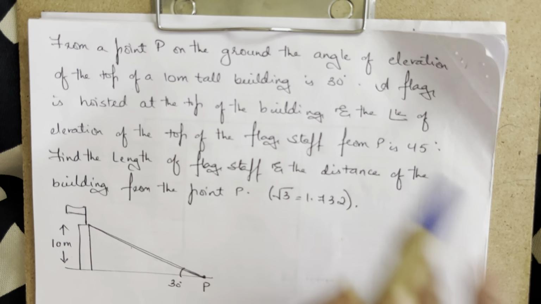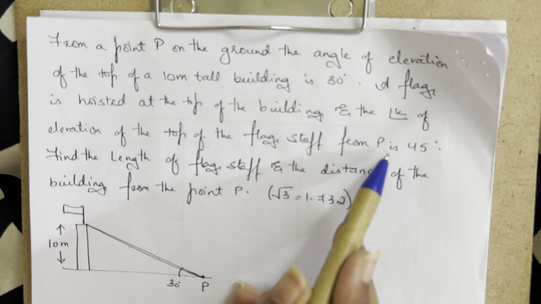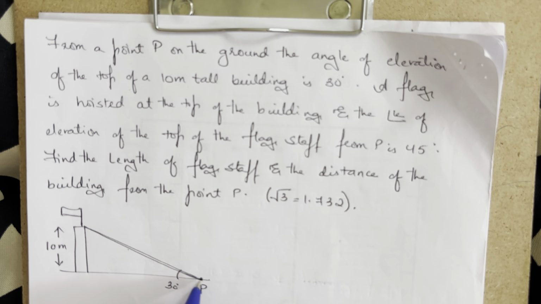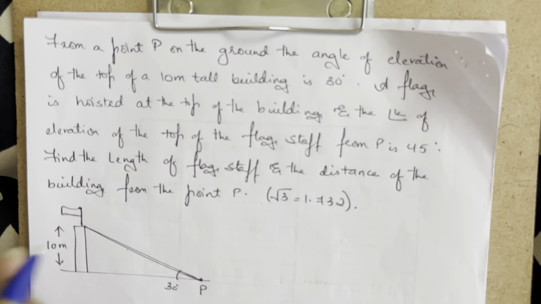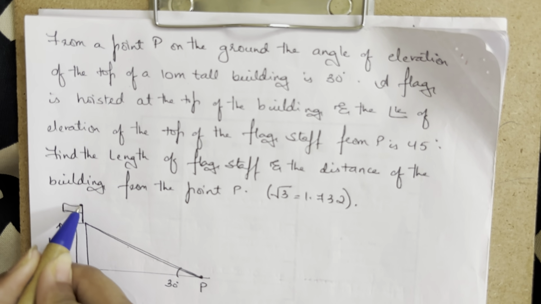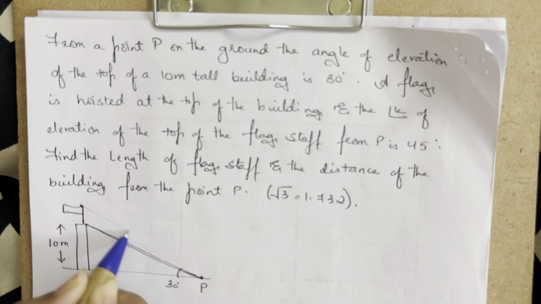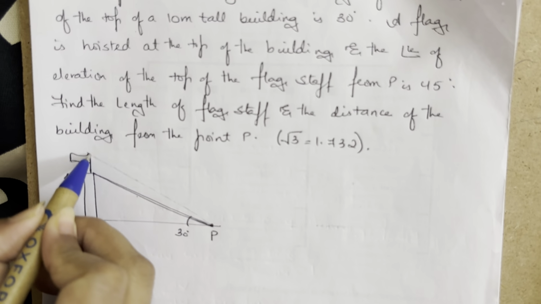And the angle of elevation of the top of the flag staff from P, from the same point, the top of the flag staff is being observed, and that angle of elevation is coming out to be 45 degrees. So it goes something like this. Okay, so let me just go and draw this thing.